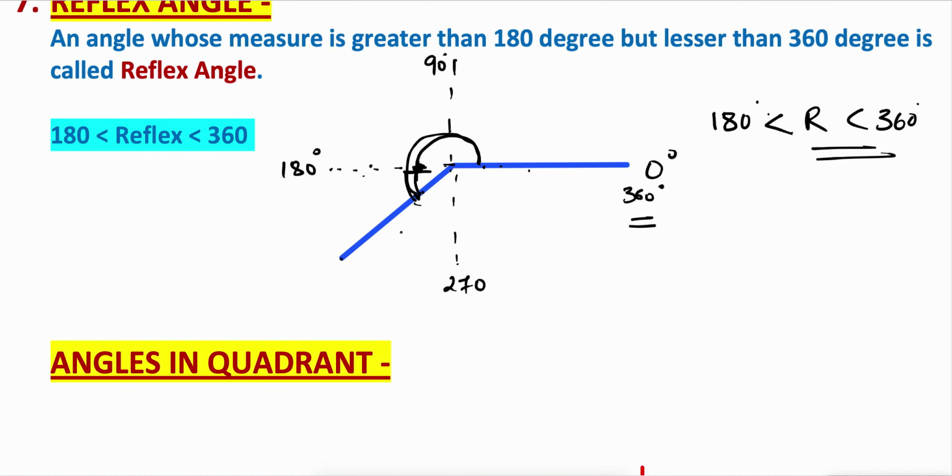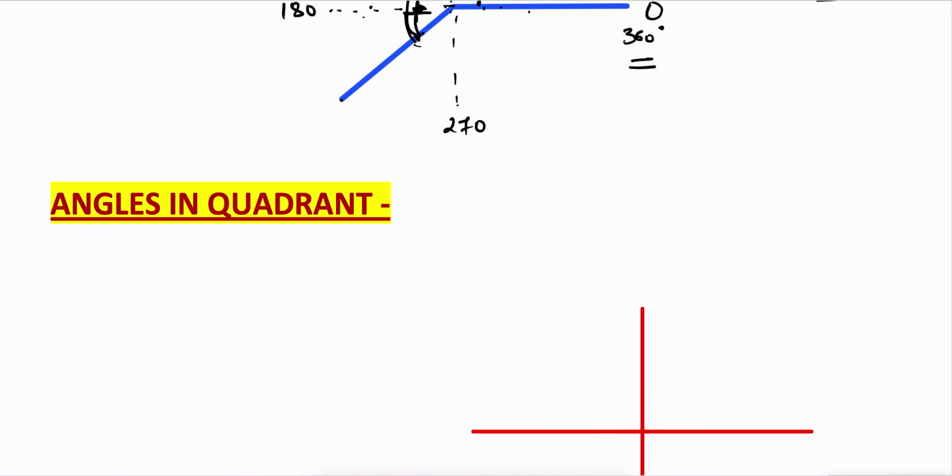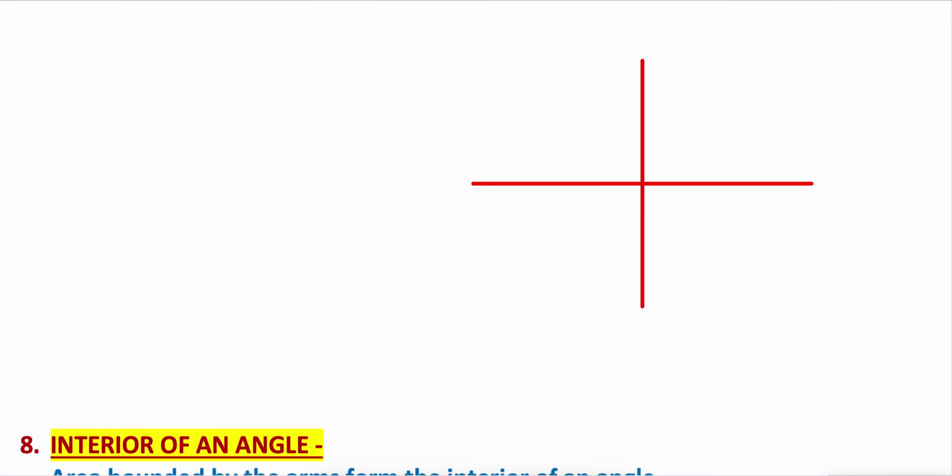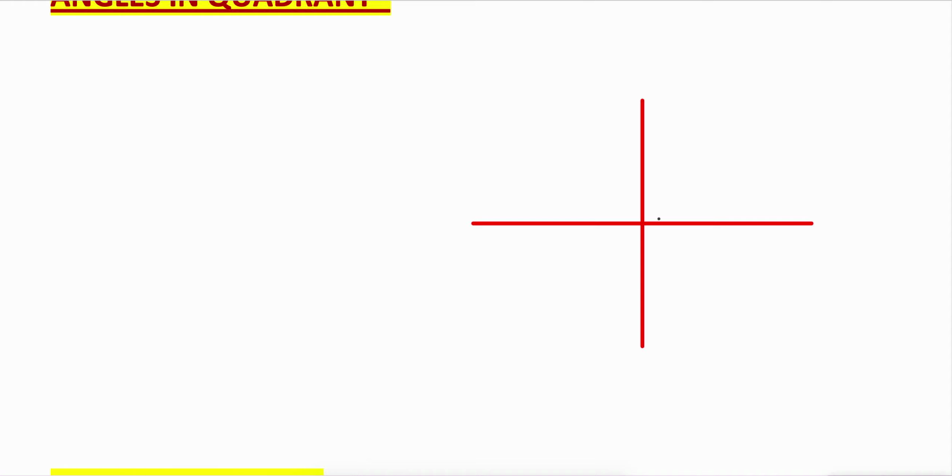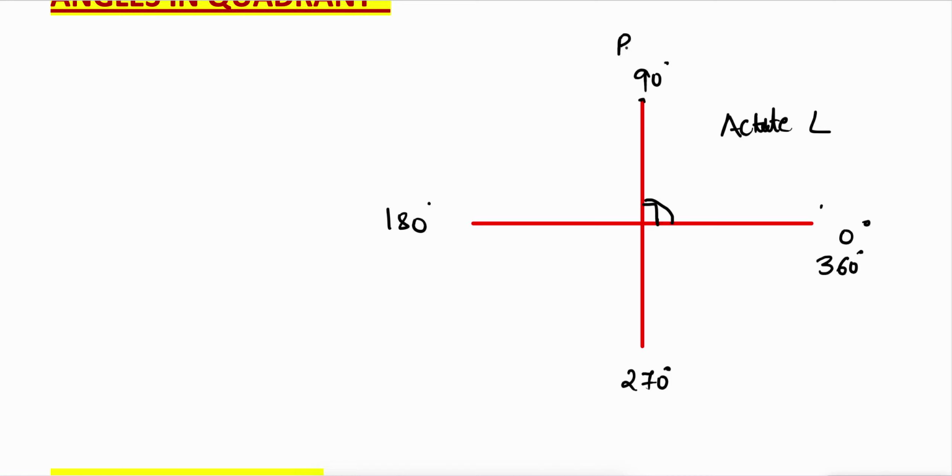So let's see these angles in the quadrant. As we all know, this is 0 degrees, this is 90 degrees, here it is 180 degrees, and this is 270 degrees, and again it is 360 degrees. If the angle is between 0 and 90 degrees, it will be an acute angle, and if the angle is exactly 90 degrees, it is a right angle.